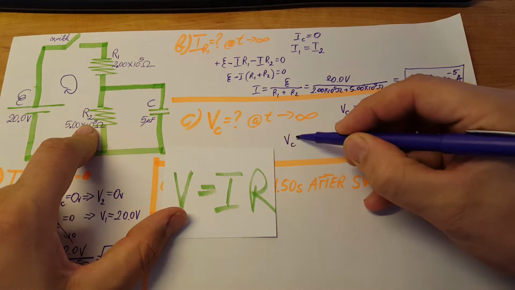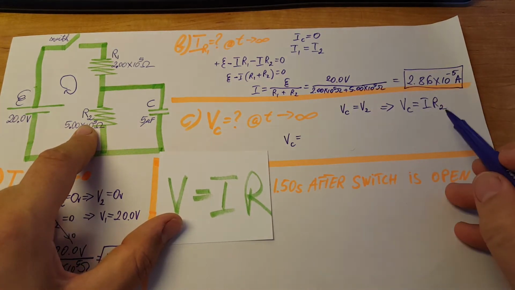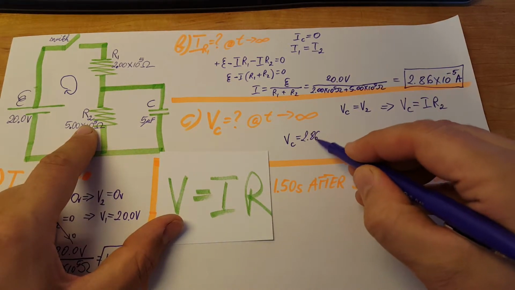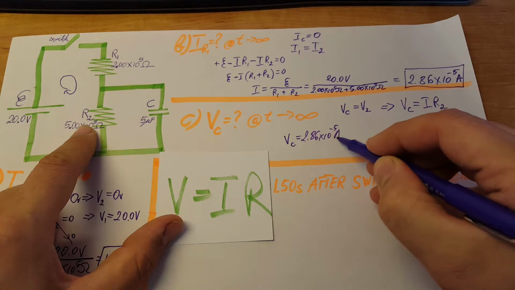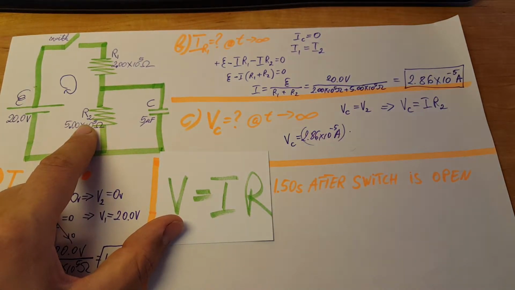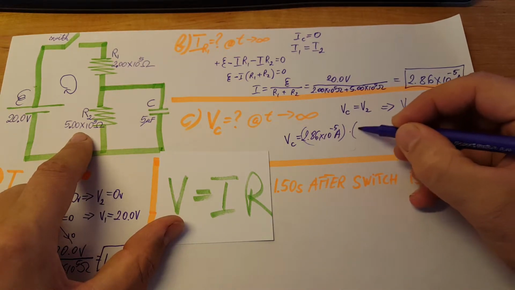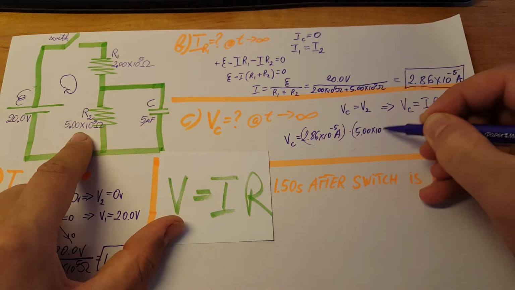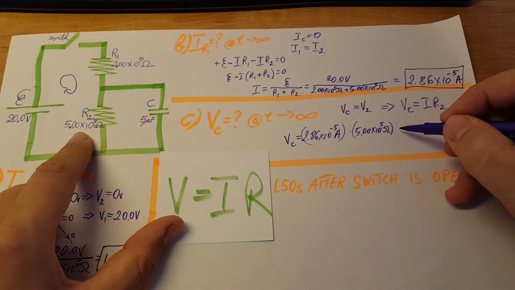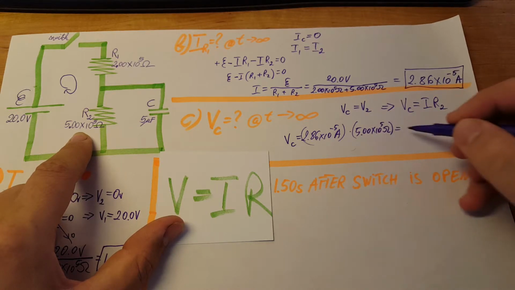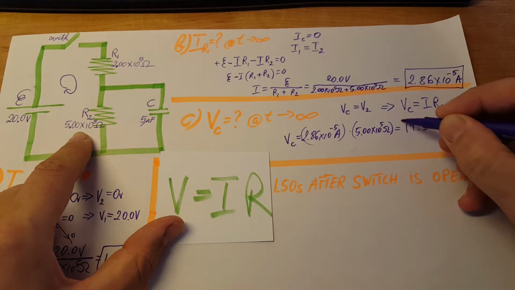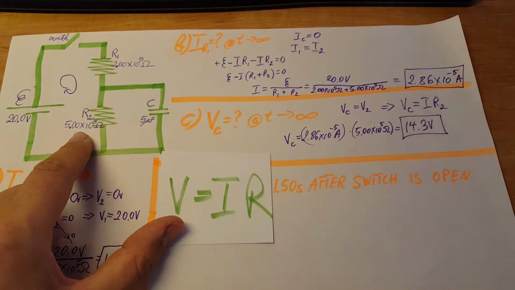So VC will equal our I, we just found it, 2.86 times 10 to the negative 5th amps, times 5.00 times 10 to the 5th ohms, and if we calculate this, it will give us 14.3 volts. And there you go.